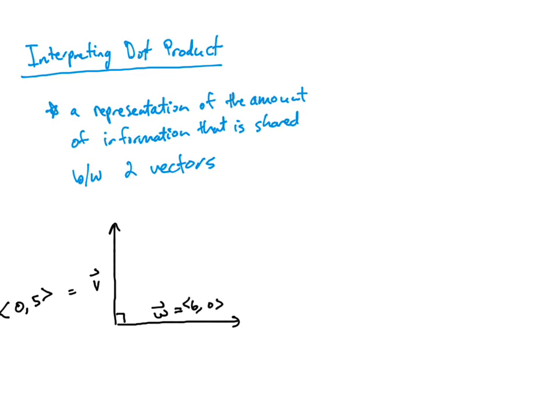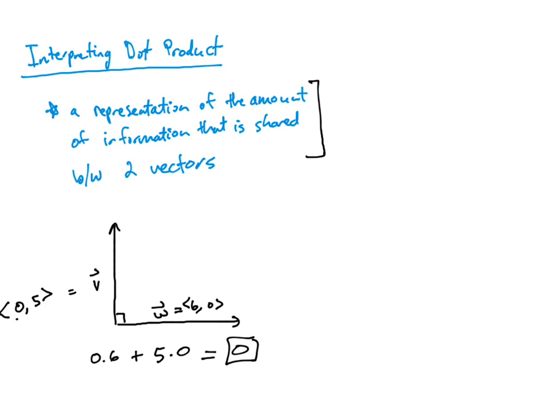Right? So when we look at this, if I was to do the dot product, I would do 0 times 6 plus 5 times 0. And that gives me a dot product of 0. Now, thinking how this relates to this interpretation up here, the dot product is telling us how much information is shared in between these vectors. Well, vector v and vector w, they're not going in opposite directions, but vector v is moving entirely in the positive y direction.